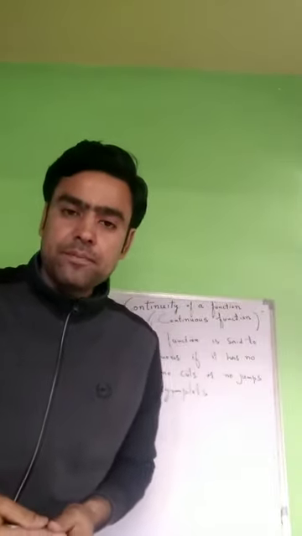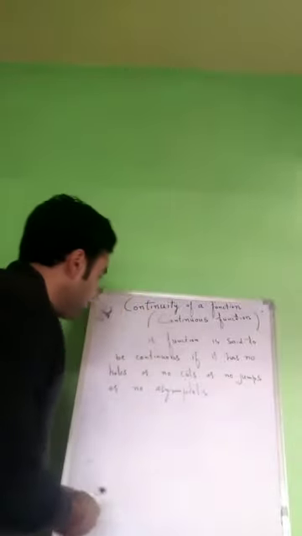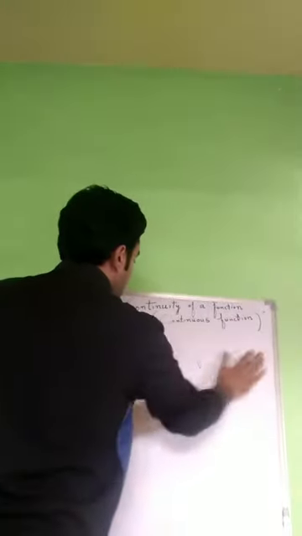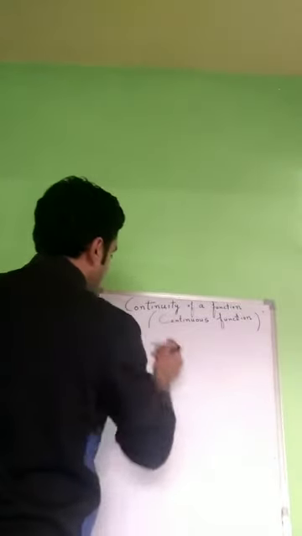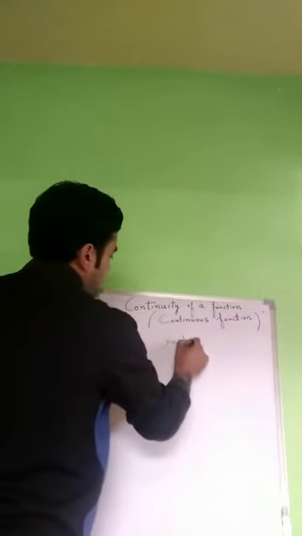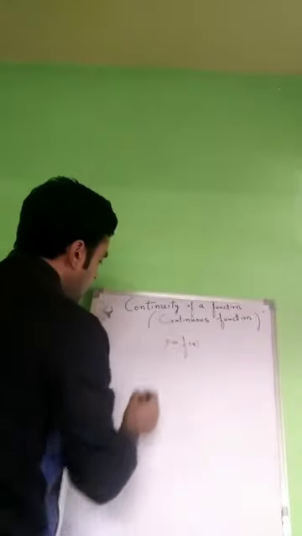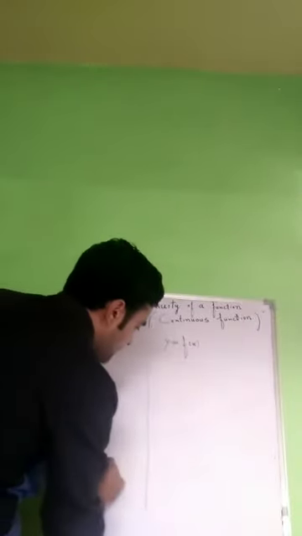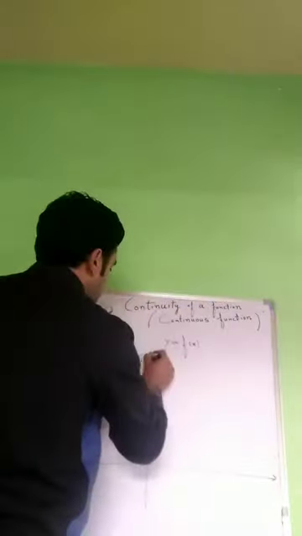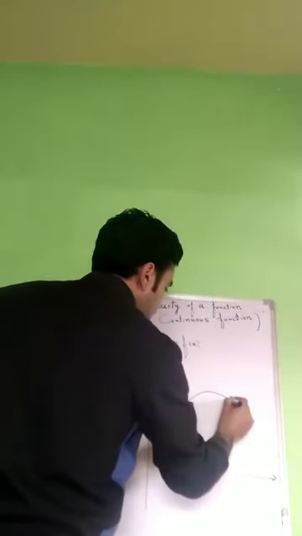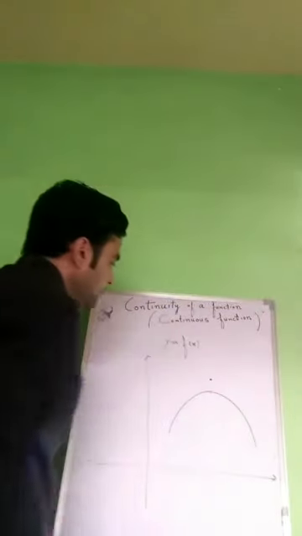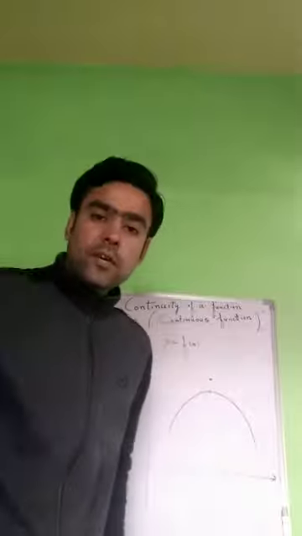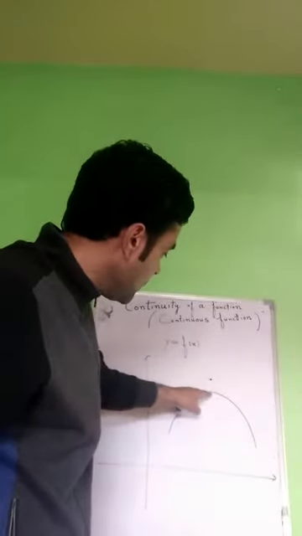To understand this, let us take a function y is equal to f(x) and we draw its graph. Now this point is also a part of this graph and there is a hole in the graph.